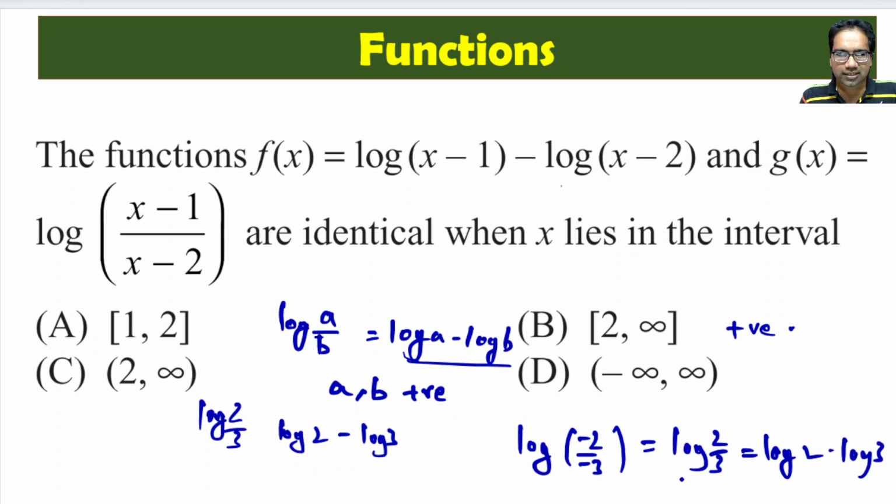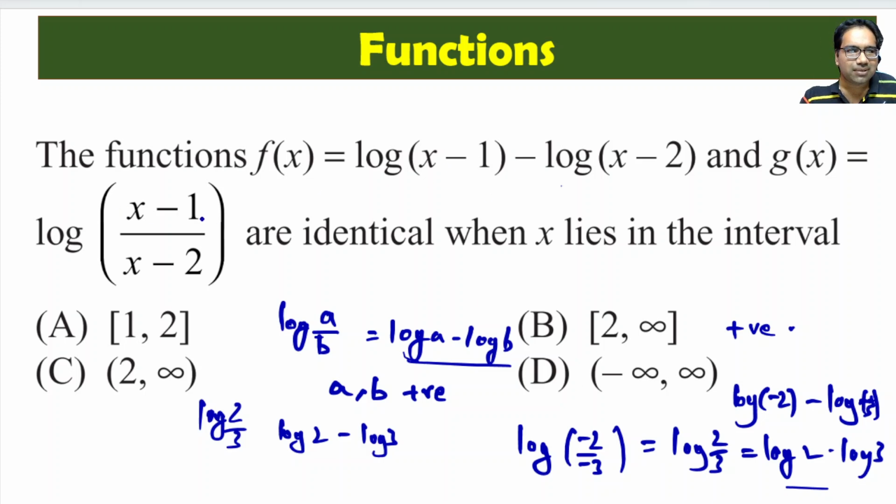Because we are cancelling the minus, that is still fine. But we can never write this as log of minus 2 minus log of minus 3. This becomes meaningless. Log of 2 is defined, log of 3 is defined, but log of minus 2 and log of minus 3 are not defined. So as long as we are cancelling these signs, that is fine. Otherwise, it is not fine.